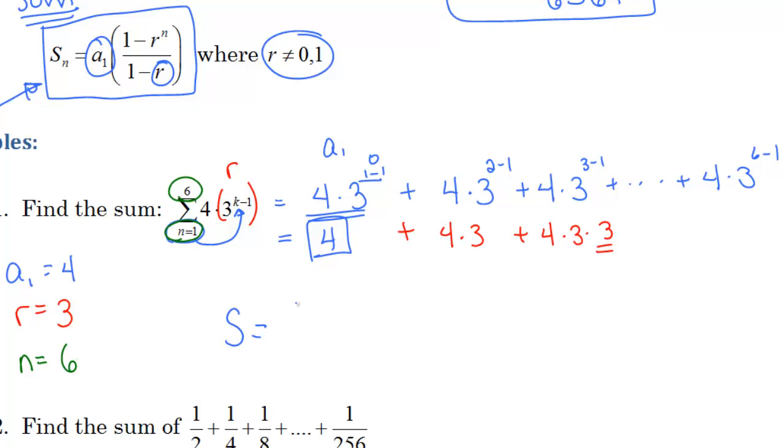So our sum is the first term times 1 minus r to the nth power over 1 minus r. And this time you can just punch it in and get a decimal approximation. That's fine.